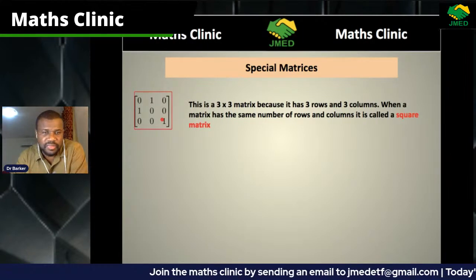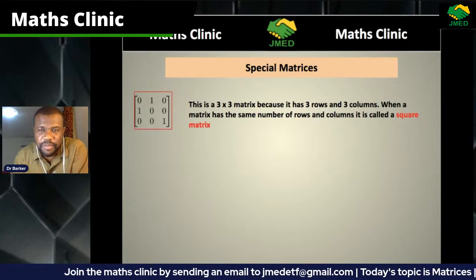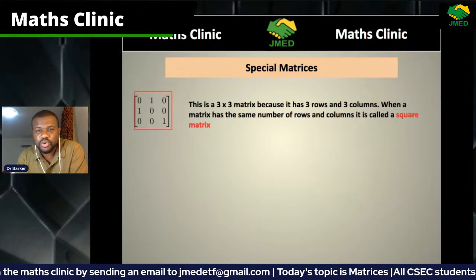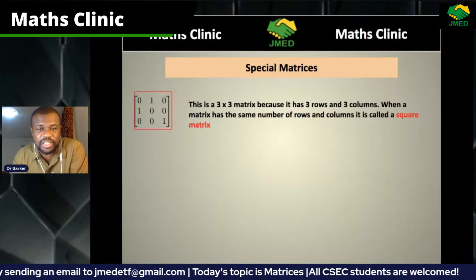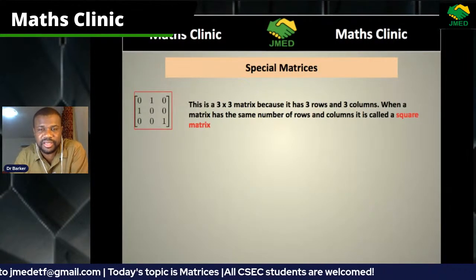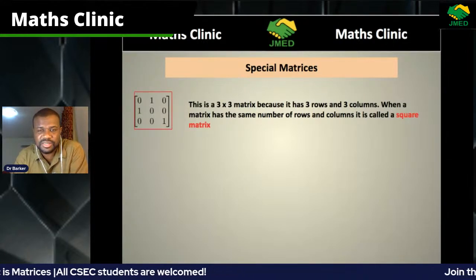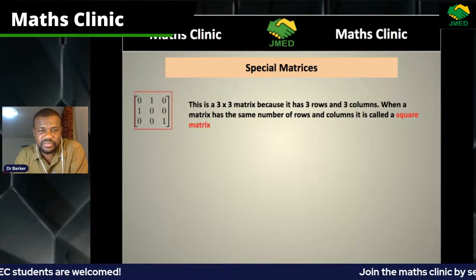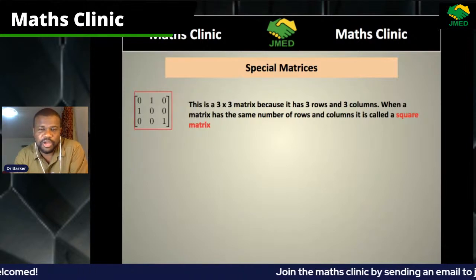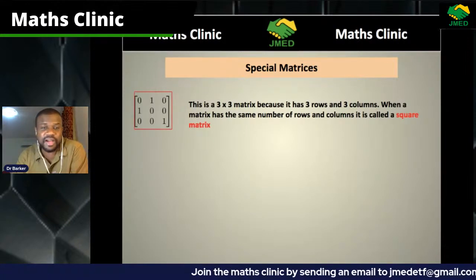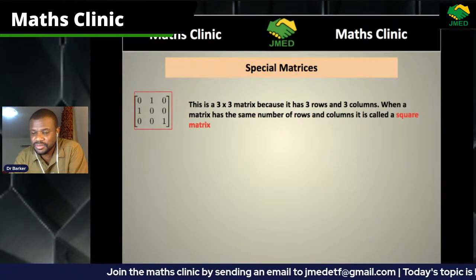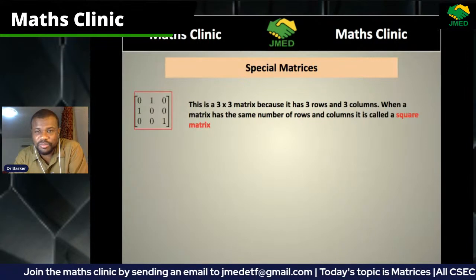Now, that is a specific type of matrix. It's called a square matrix. But could you give me another example of a matrix without writing it? Just tell me, describe a matrix that would also be a square matrix. 2 by 2, 4 by 4. Is it possible to have a 1 by 1 matrix?